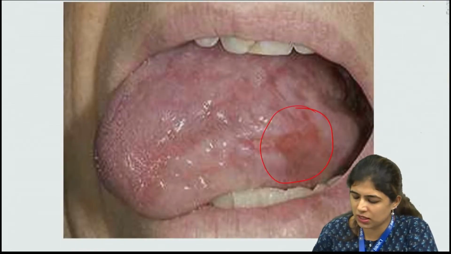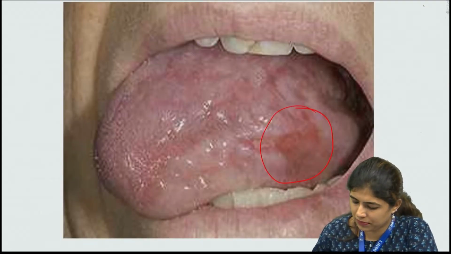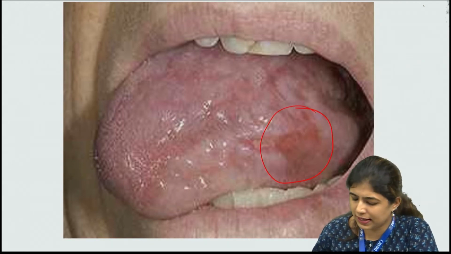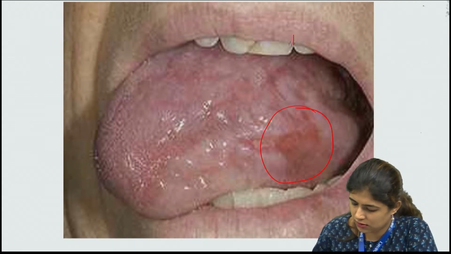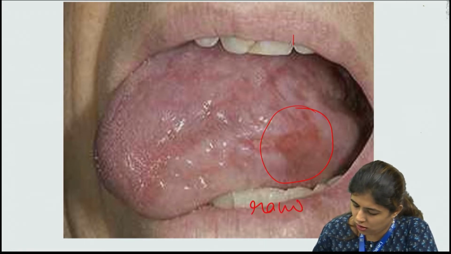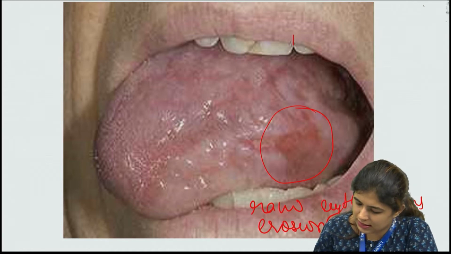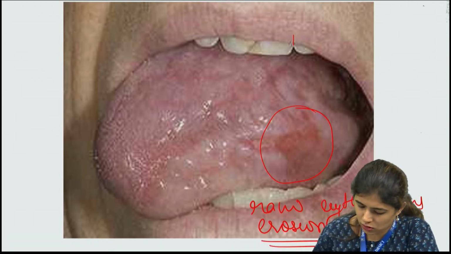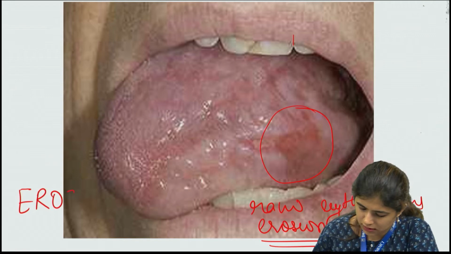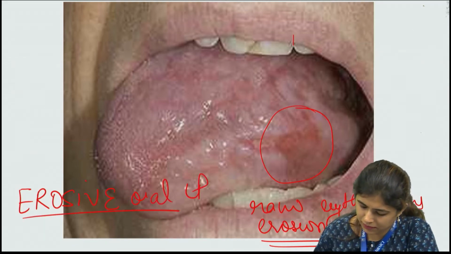But in this image, if you notice the center has raw erythematous erosion in the center. This is your erosive type of oral LP.